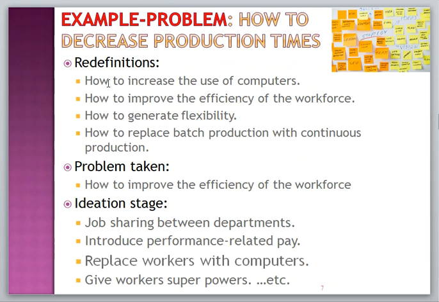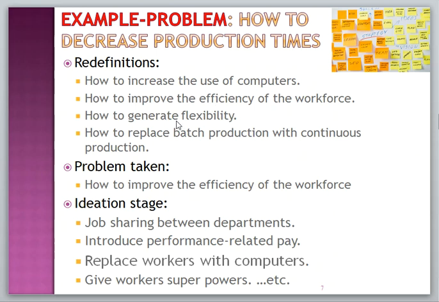By discussing these different redefinitions, they seem like alternative ones. So we select one of these definitions of the problem, and in our example here, taken from the text, the one selected is how to improve the efficiency of the workforce.